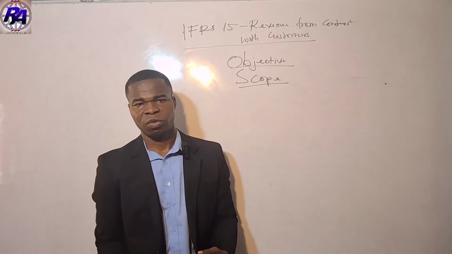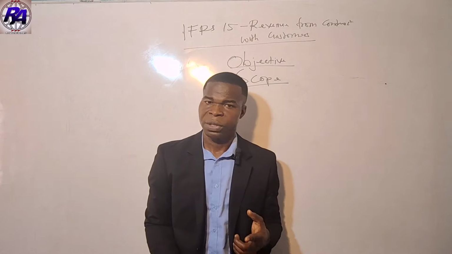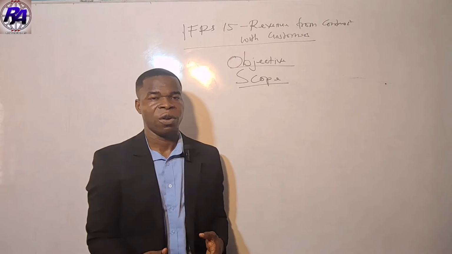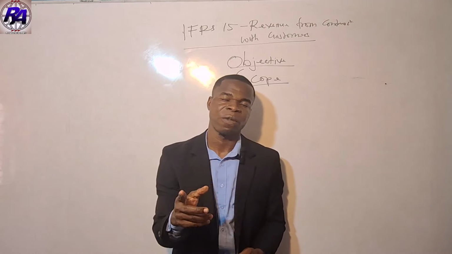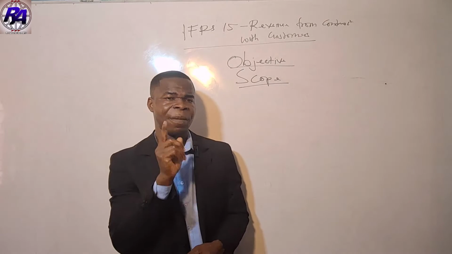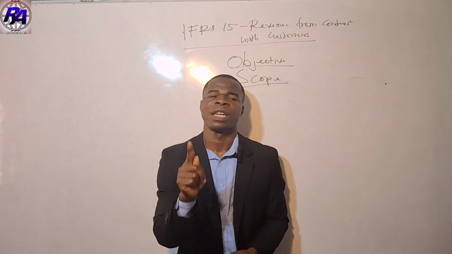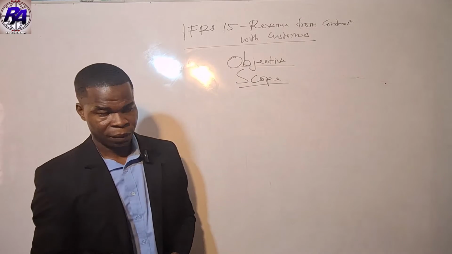For us to say there's a contract, there must be an enforceable right. Now take note, situations where the entity and the customer have a unilateral right to terminate the contract are not a contract, because they can terminate it without suffering any damages.